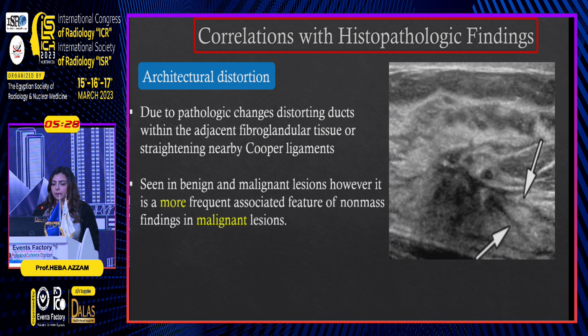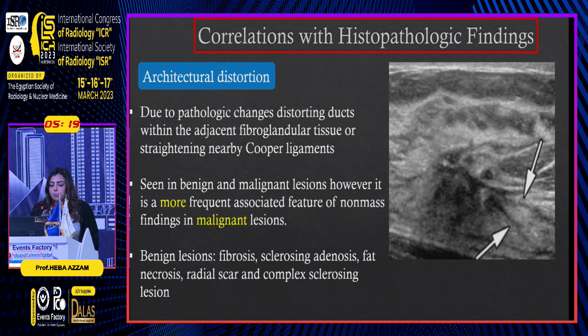It's seen in benign and malignant lesions. However, it is a more frequent associated feature of non-mass findings in malignant lesions. It can be seen in benign lesions as fibrosis, sclerosing adenosis, fat necrosis, radial scar, and complex sclerosing lesion, and in malignant lesions as invasive carcinoma and ductal carcinoma in situ.